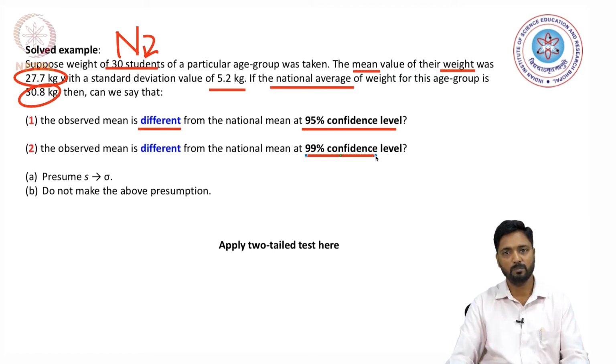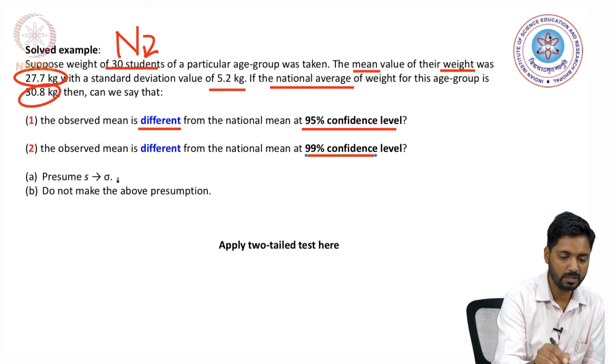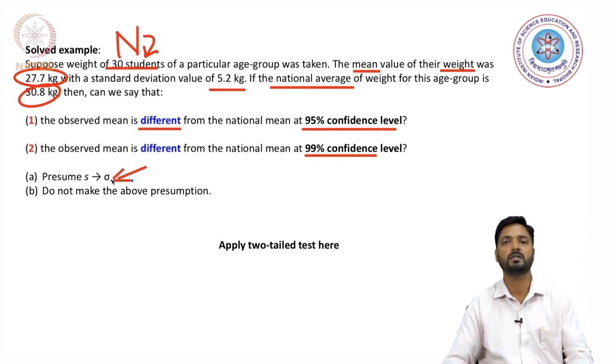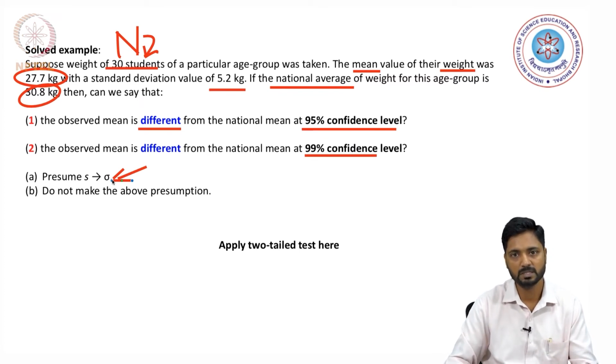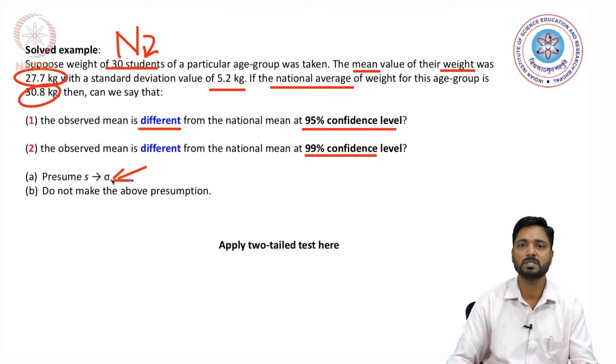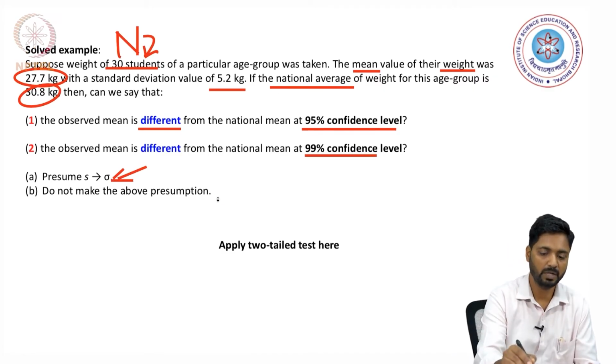And we make a presumption in part A that the sample standard deviation S is the same as the population standard deviation. In part B, we will see what happens if we do not presume this.